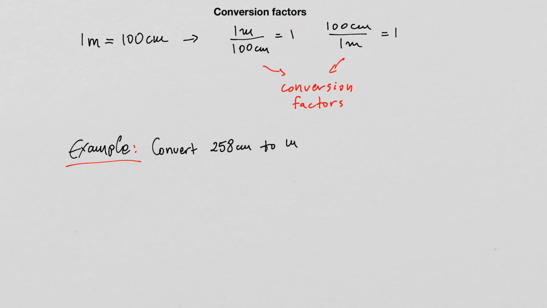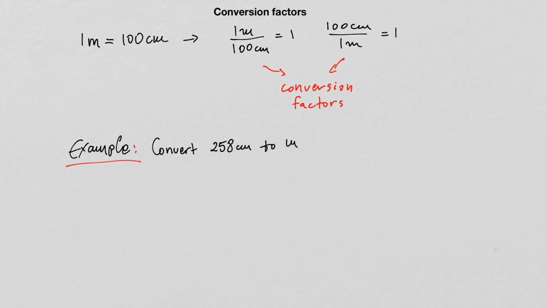So let's do one quick example just to illustrate the use of a conversion factor. Let's convert 258 centimeters to meters. So here what I have is the original unit, centimeters, which I will also call the old unit, which I want to convert into the new unit, the meters.